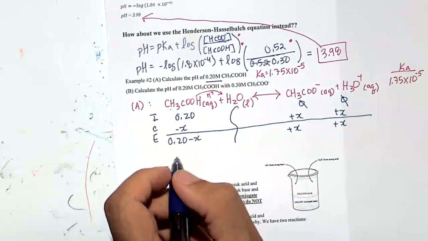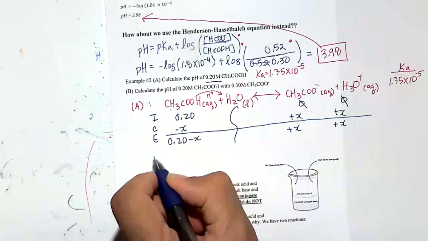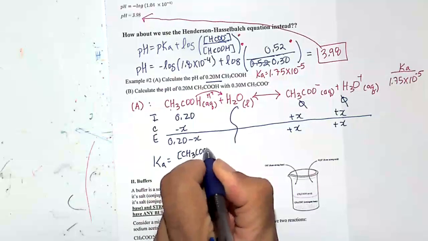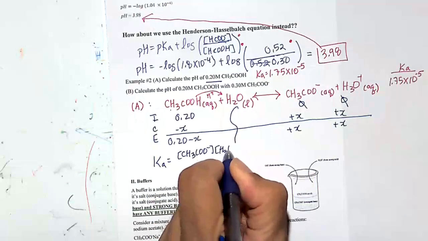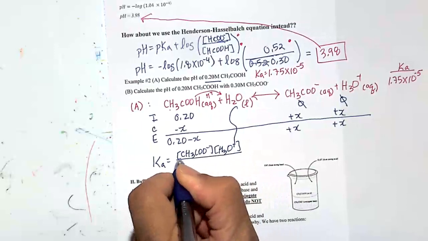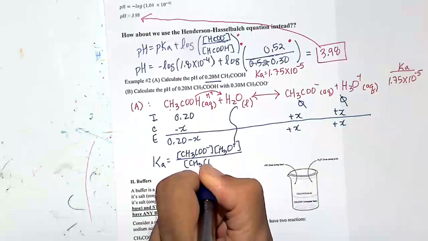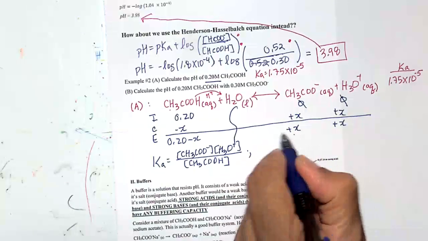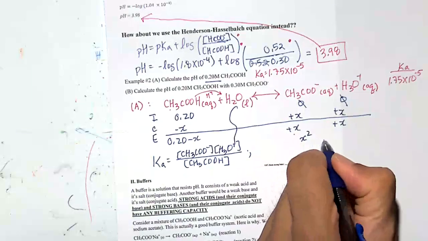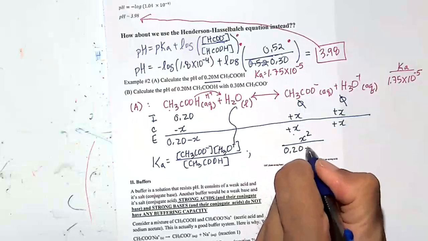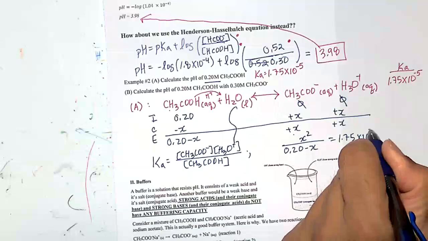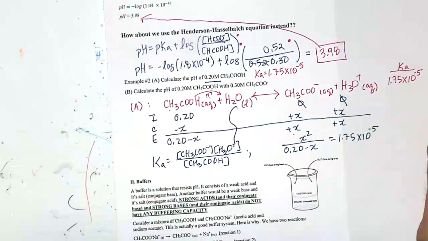What's next, Susanna? We'll plug it in to the Ka, which is products over reactants. So x times x is x squared divided by 0.20 minus x is equal to 1.75 times 10 to the minus 5. I'll give you that Ka for acetic acid.